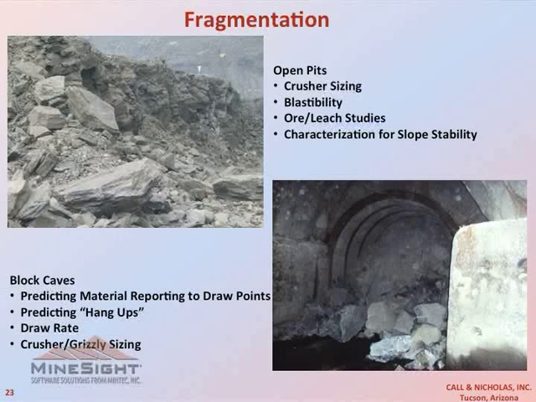Fragmentation. We do fragmentation work on open pits, underground, and block caves, and typically with the data that we collect during core logging, like I said before, we're collecting several different ranges of RQD, several different sizes, and we're collecting percent broken, percent whole core, percent rubble.